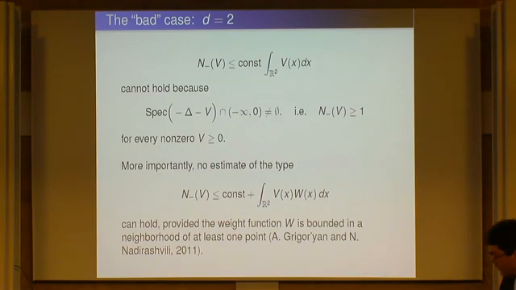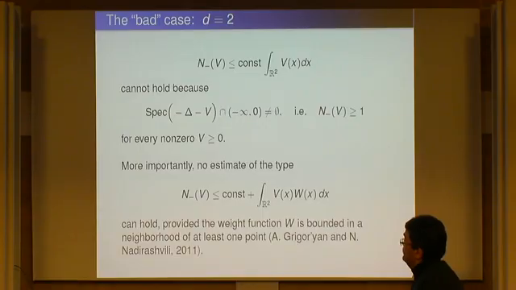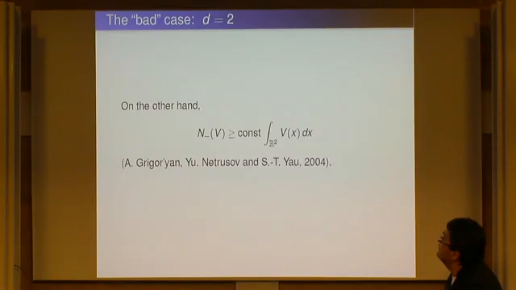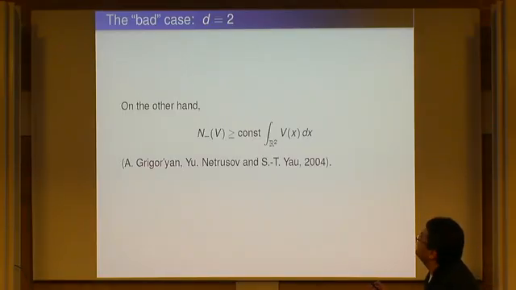However, the next one is a beautiful result. It's very, very non-trivial. This is by Grigorian, Nitrusov, and Yap, which says that you have a lower estimate, and this is a very, very deep result. Also, by the way, I stated it like this, and for this talk that's fine for me.